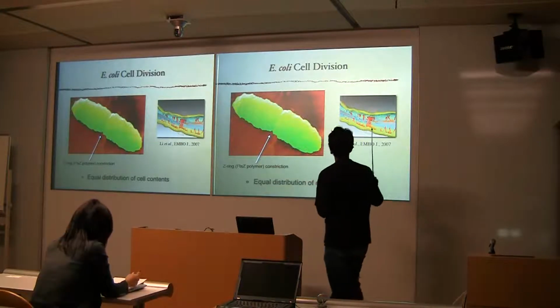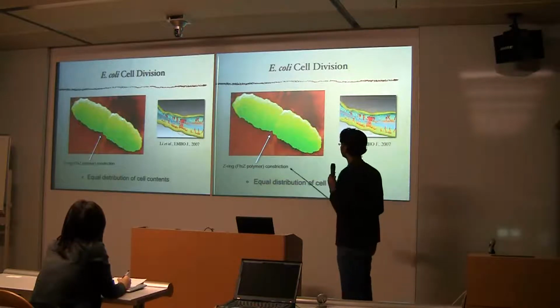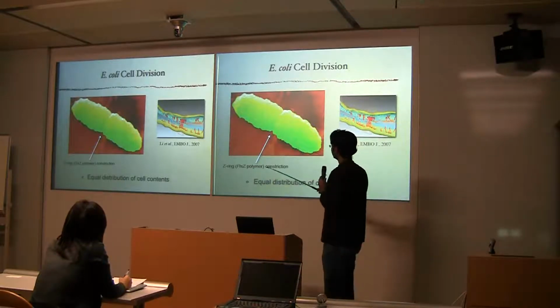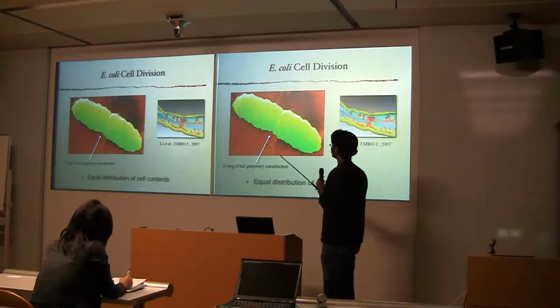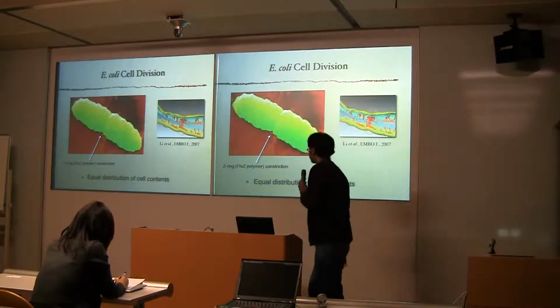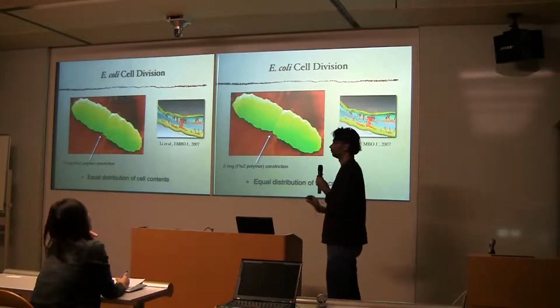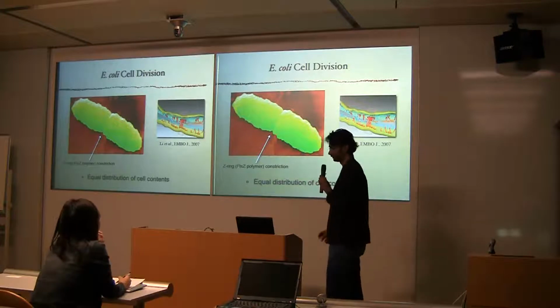When it forms a polymer like this, it produces a force whereby it can constrict the cell. With the constriction, the cell can divide into two daughter cells. This is important because only with equal distribution of the cell contents can both of the daughter cells survive.